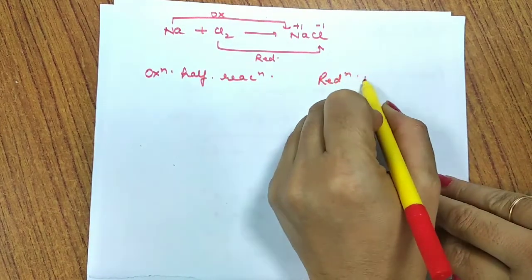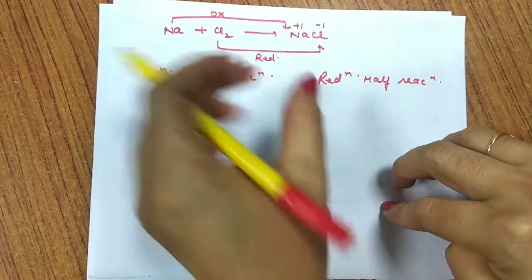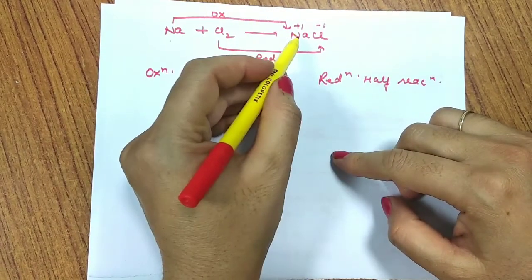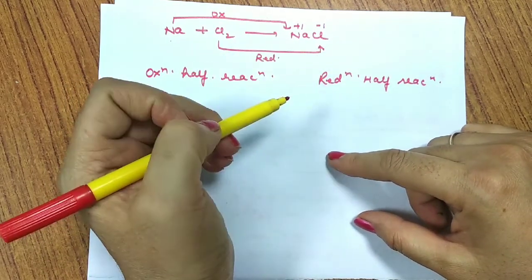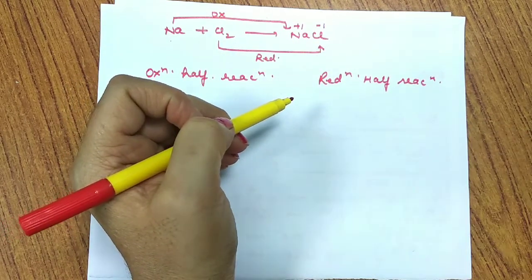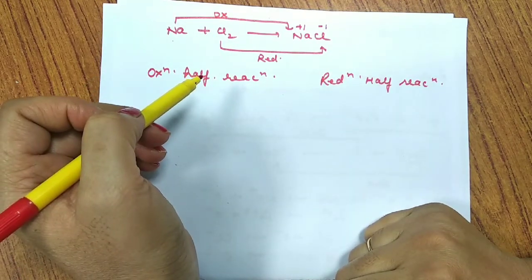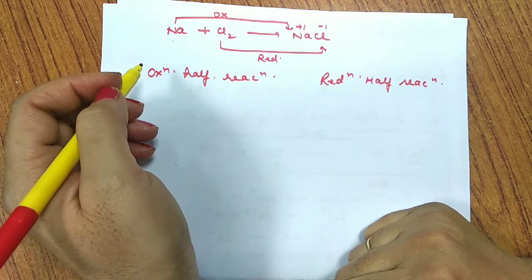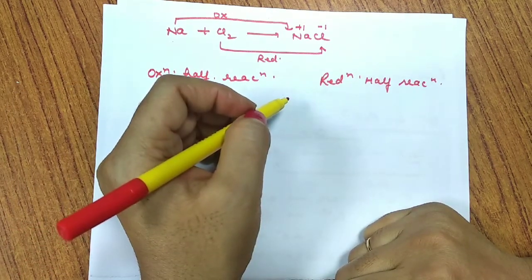Na changes into Na plus, that is the oxidation half reaction, and Cl changes into Cl minus, that is the reduction half reaction. So this is how we can easily identify which species undergoes oxidation and which undergoes reduction.